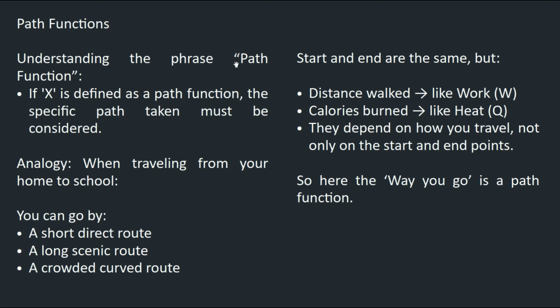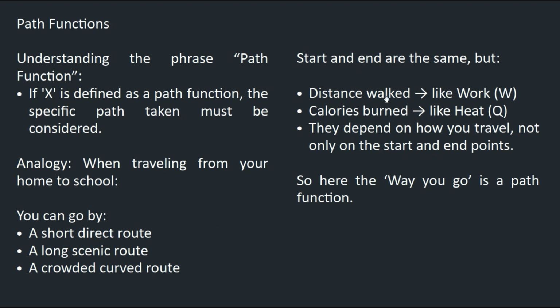So here I have a small write-up to talk about path function. If x, any given quantity, is defined as a path function, then for this particular variable, the specific path taken must be considered. To talk about x, we need to talk about the path it takes from point A to point B. For example, when you're traveling to school from your place, you can take the shortest path, or a longer and crowded route.